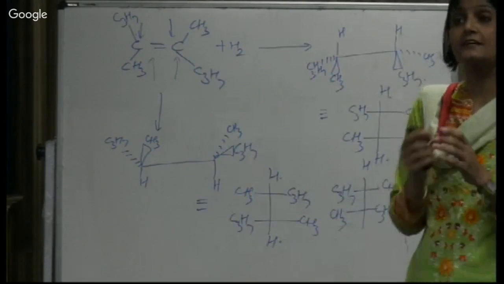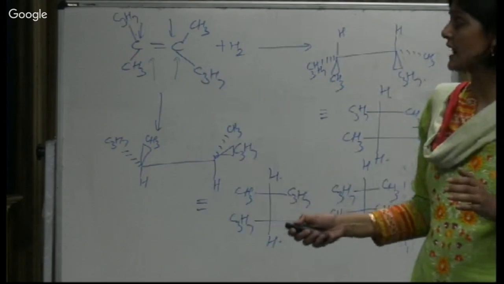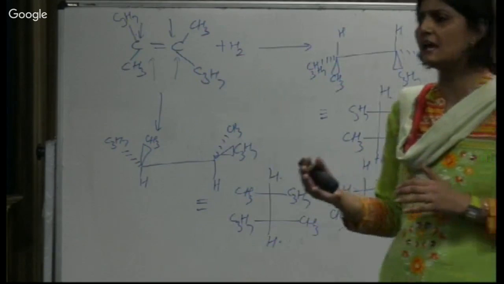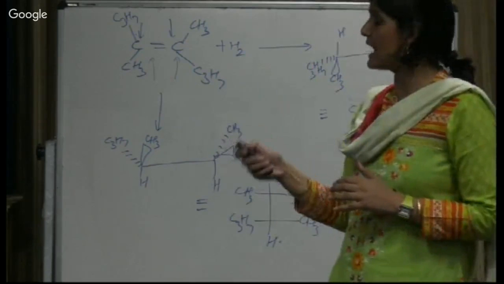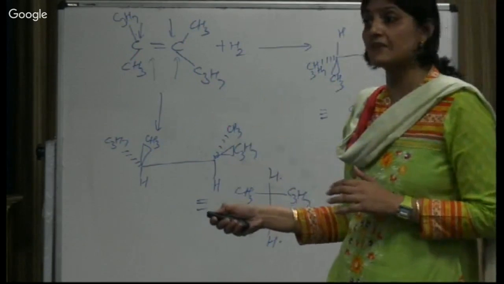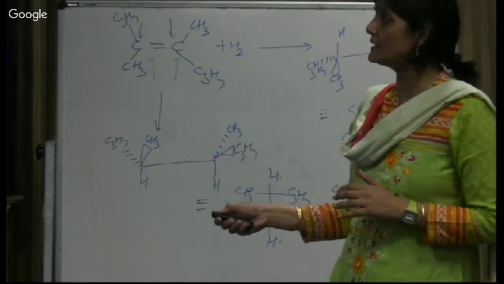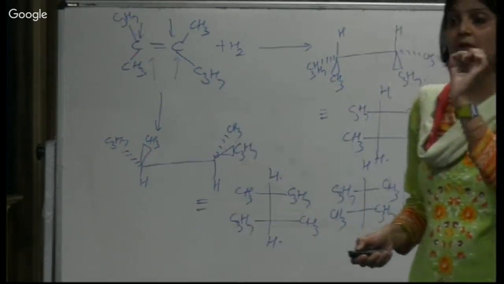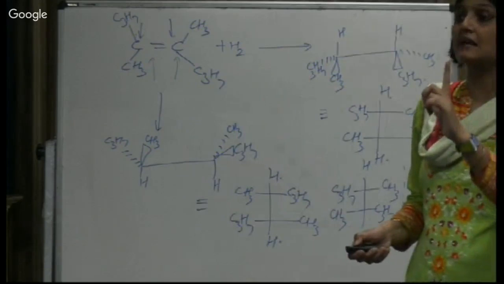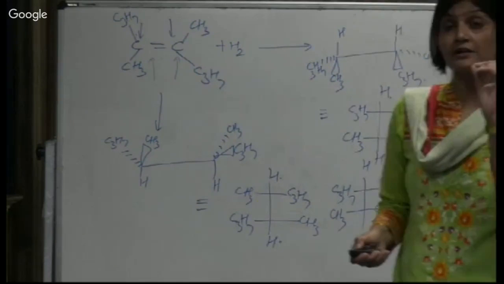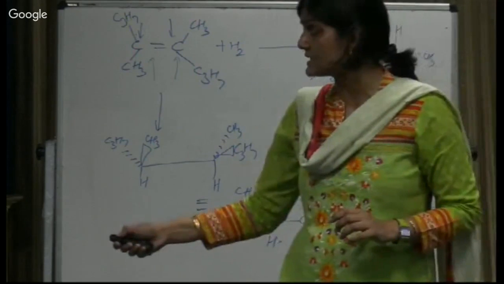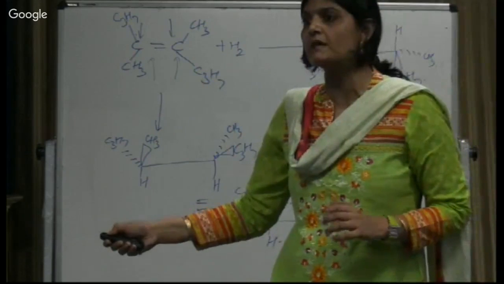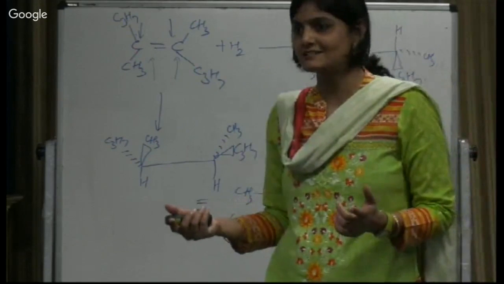Okay, this reduction can be done with hydrogen in zinc, HCl, or with lithium aluminium hydride, or with sodium borohydride. The only thing you have to remember here is when you have an alkyl halide and you are reducing it, the halogen will be replaced by hydrogen. That's all it is, right?